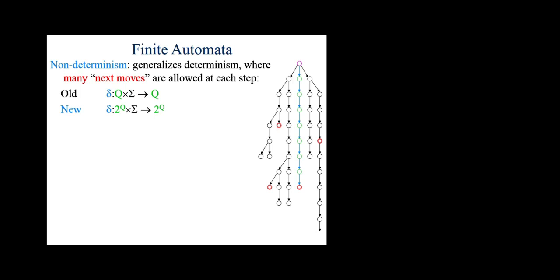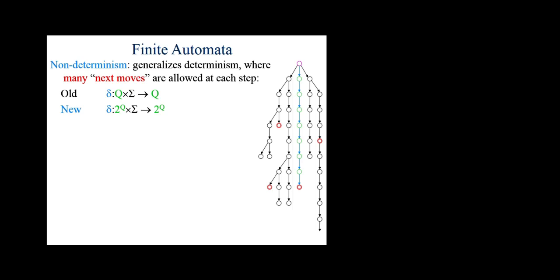They all read the same input, but they can be in different states, these threads, or branches of the non-deterministic parallel computation. Now, some of them may accept, others may reject, depending on which state they went to next. And so the transition function is generalized from a state and a character to another state. That's the old transition function, the old delta.